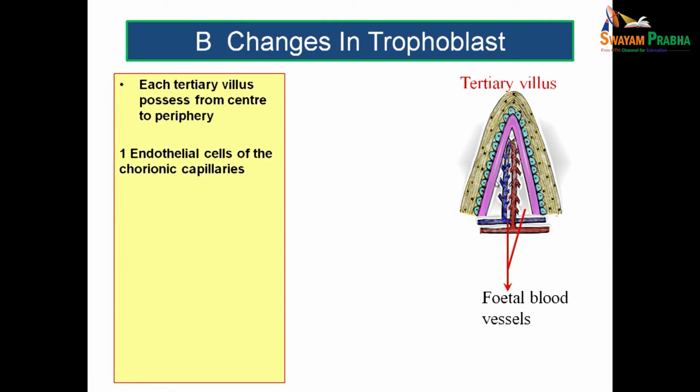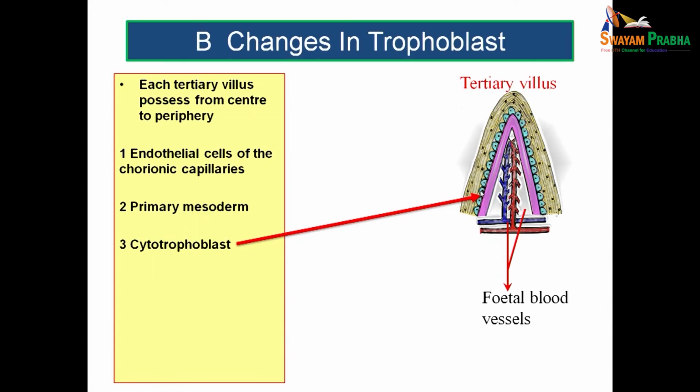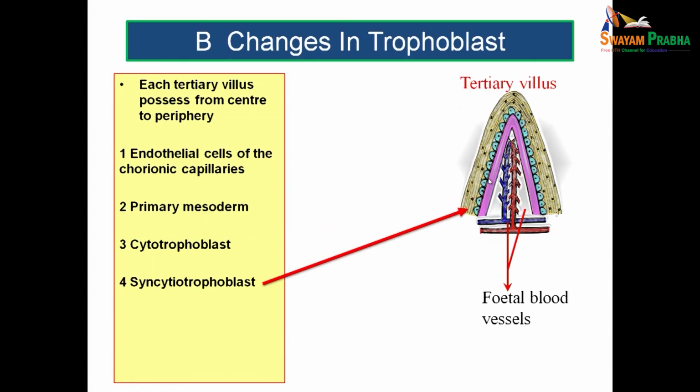And each tertiary villus possesses, if you look at the center and then towards the periphery, different layers. First, the endothelial cells of the chorionic capillaries. Outer to that you can see the primary mesoderm, then outer to it the cytotrophoblast, and the outermost will be the syncytial trophoblast.